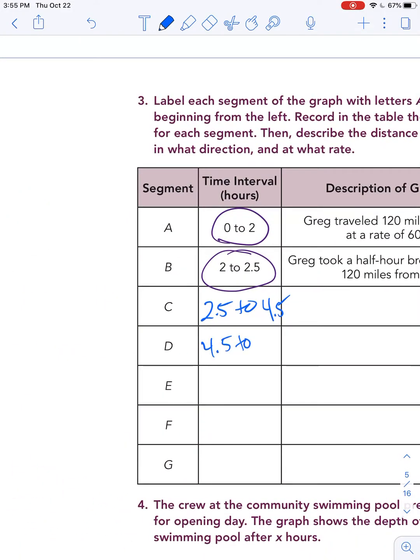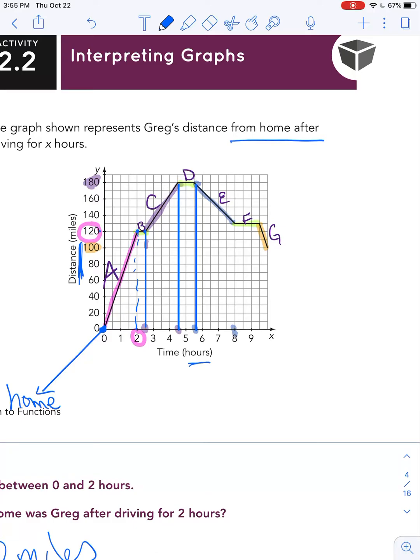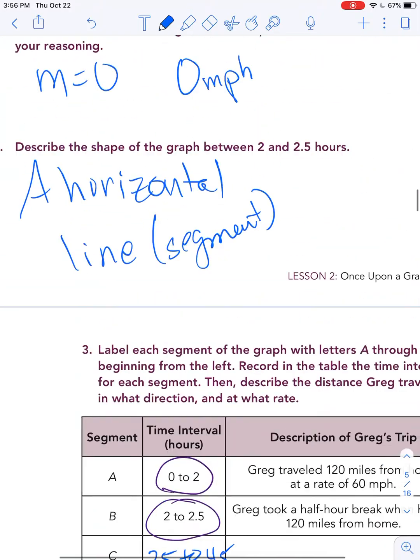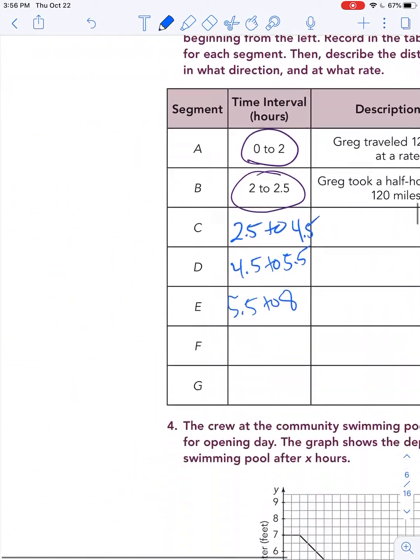So 4.5 to 5.5. Then it's going from 5.5 to 8. So 5.5 to 8. Then from 8 to 9.5.